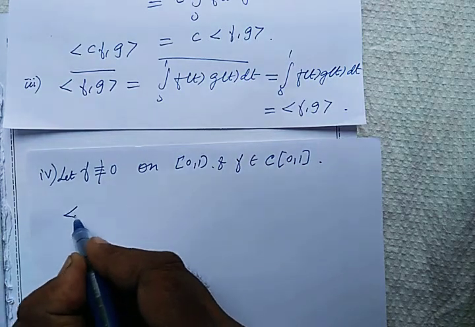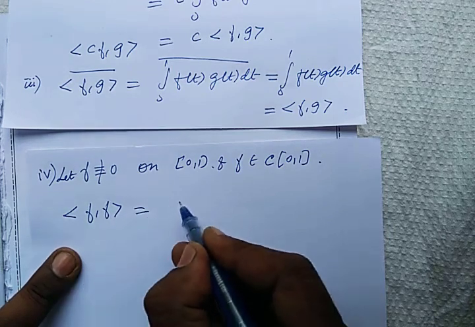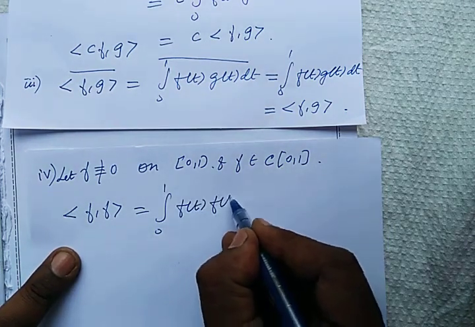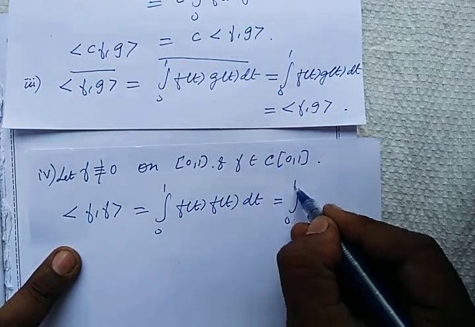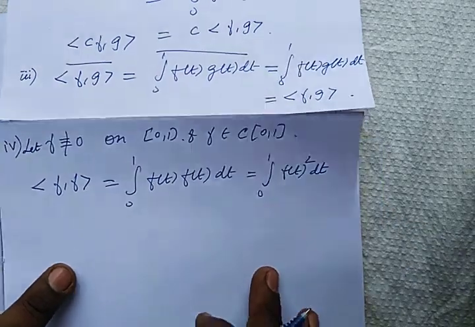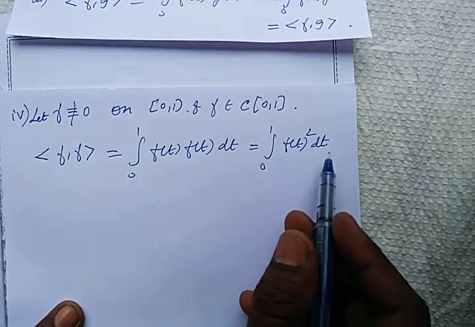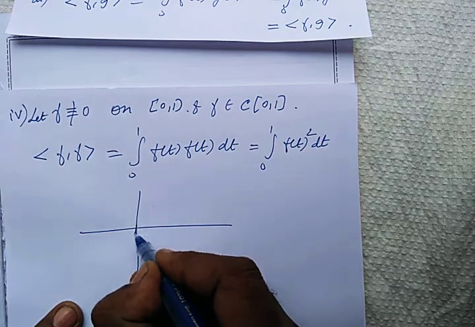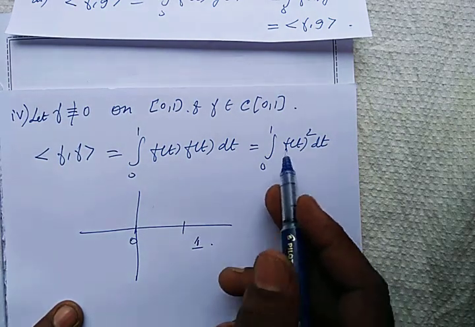Now we have to show that the inner product of f comma f is positive. This is the integral from 0 to 1 of f of t times f of t dt, which equals the integral from 0 to 1 of f of t the whole squared dt. Note that f is a continuous function, so f of t squared is a continuous function. f is a function defined on the interval [0, 1], and f is a non-zero function.